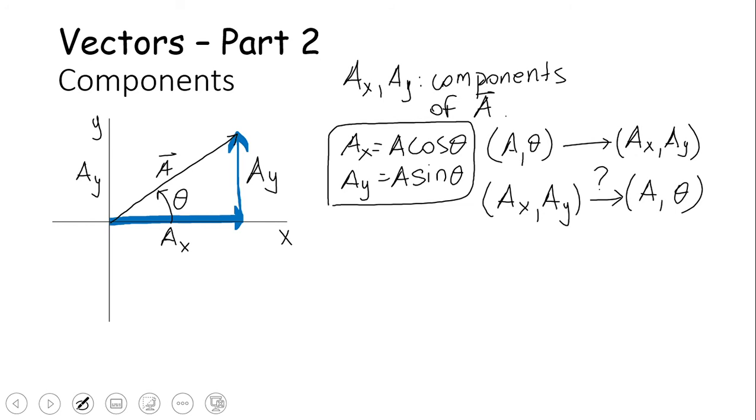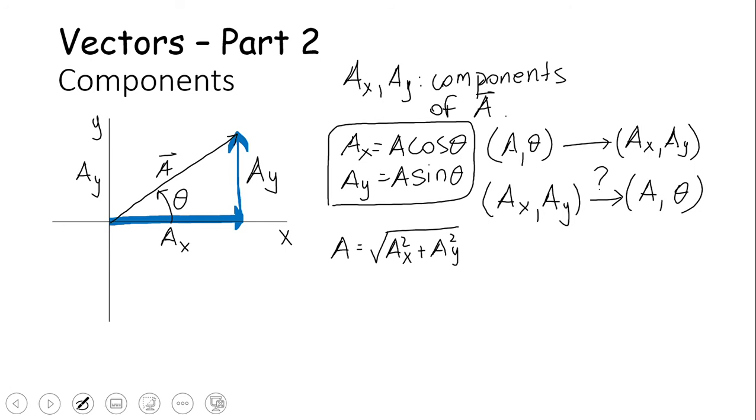The only thing we need to use is the fact that a, a sub x, and a sub y represent the hypotenuse and the legs of a right angle triangle, and our knowledge of trigonometry. By doing that, we see that we can write a through the Pythagorean theorem as the square root of a sub x squared plus a sub y squared.